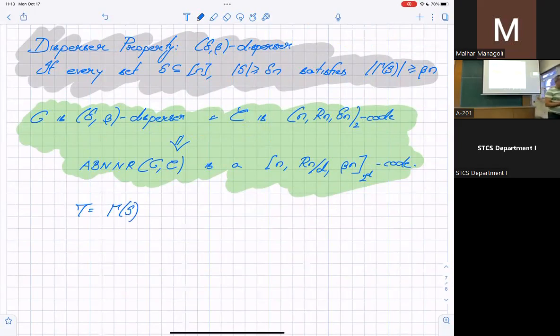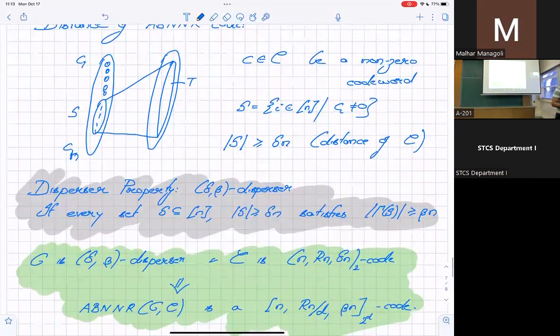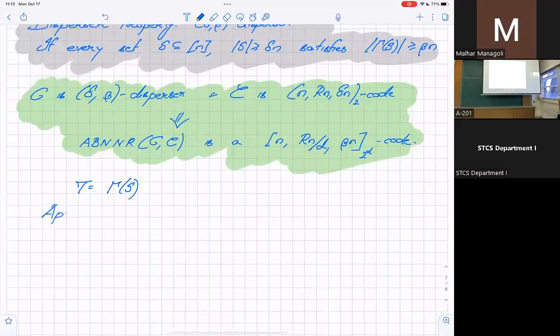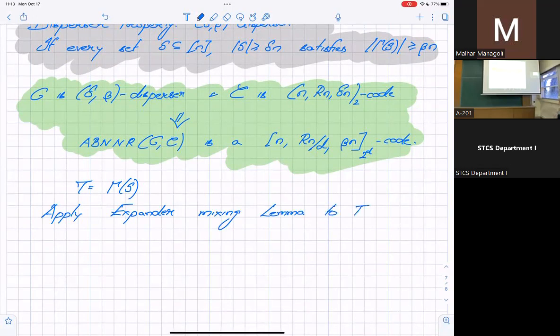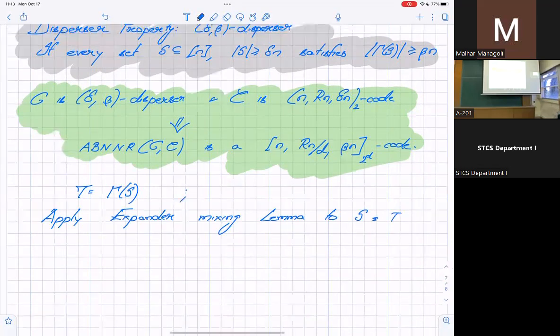We are stating that every neighborhood of... I want to claim, let's apply the expander mixing lemma to S and T, and let the size of T be equal to rho n.